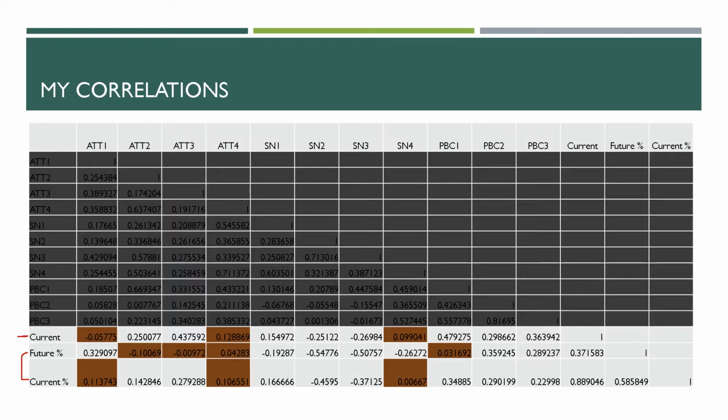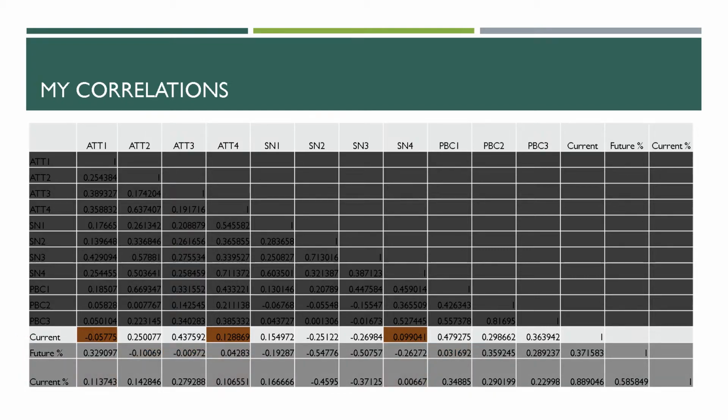The future percent and the current percent, I don't need, because the question I had about all to none, how many lectures are you watching, gave me enough data right there. And there are three of these results, here and here and here. They don't give me a whole lot of information because the effect size is so small, so in the end I'm not even going to deal with them.